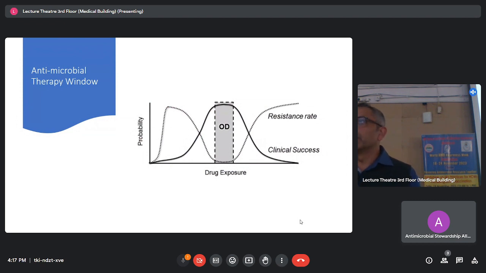What is your opinion? Let us say we have given suboptimal dose of the drug. Bacteria is likely to develop some mutant survival, like we all know, some mutant is going to survive. What is the probability of the development of such resistance in tertiary care settings, in our settings, as compared to the probability in community care setting?